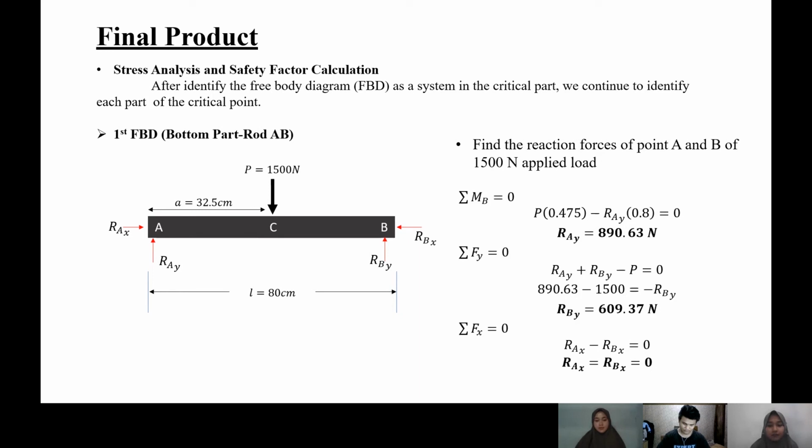From the calculation, the reaction force RAY is equal to 890.63 Newton, the reaction force RBY is equal to 609.37 Newton, and the reaction RAX is equal to RBX, which is 0.